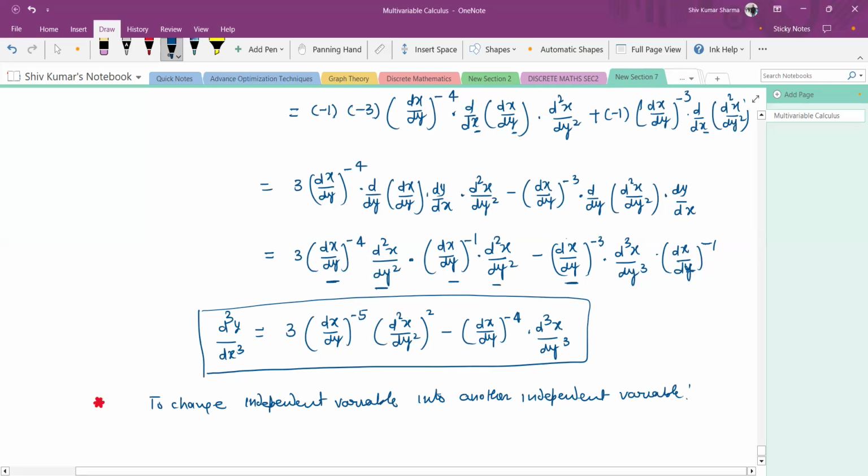Okay, so in this case, we change independent variable into form of another independent variable.